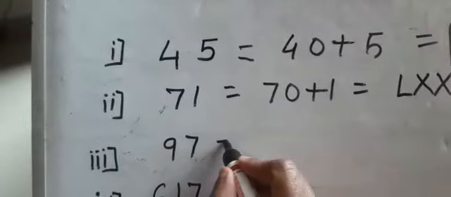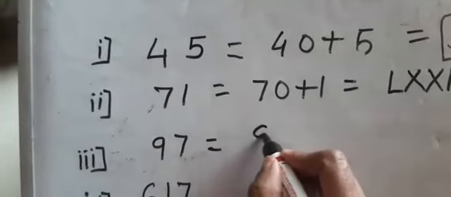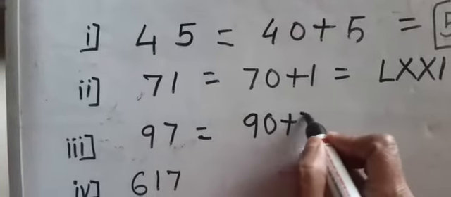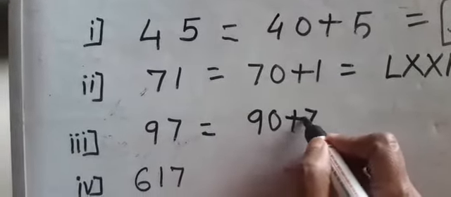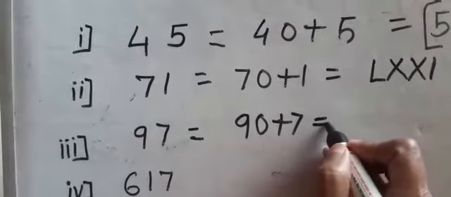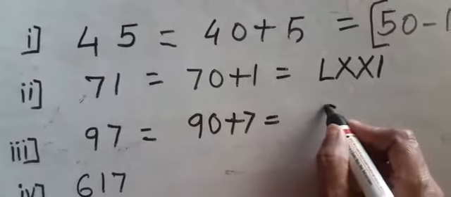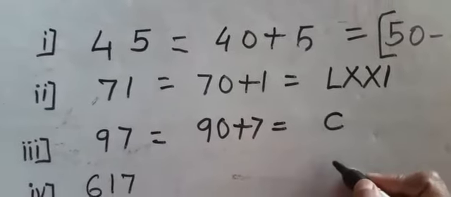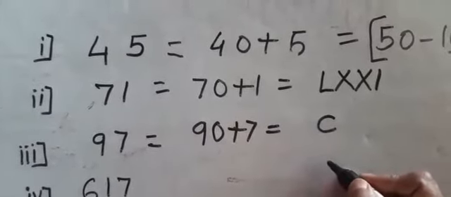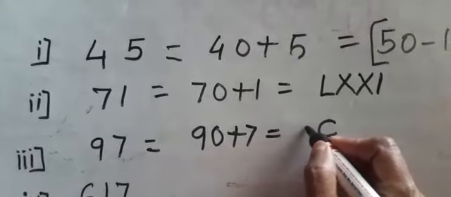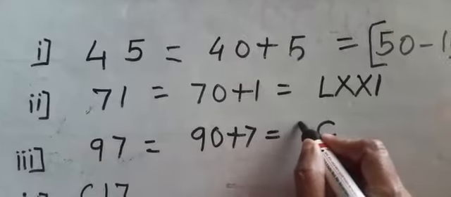Now for 97, we can write it as 90 plus 7, but again there is no sign for 90. So we will use the rules which we have learnt. To write 90, from 100 we can subtract 10. C shows value 100, and for subtracting 10 the X should be written in front of it, towards the left hand side.